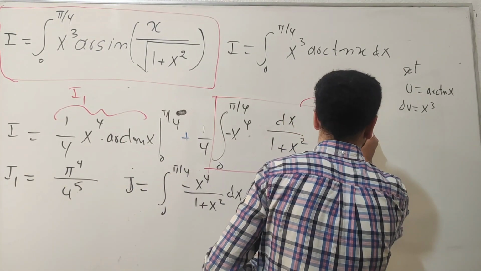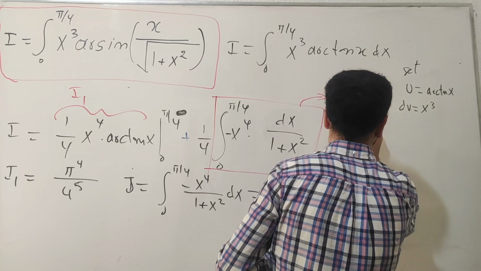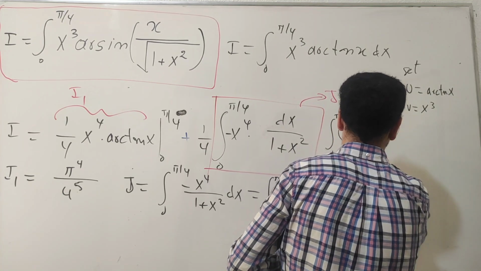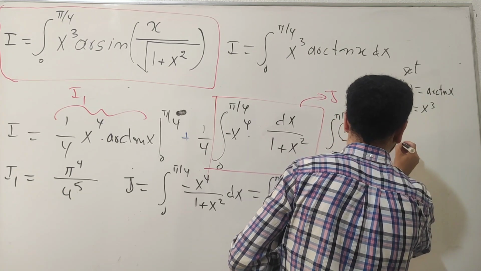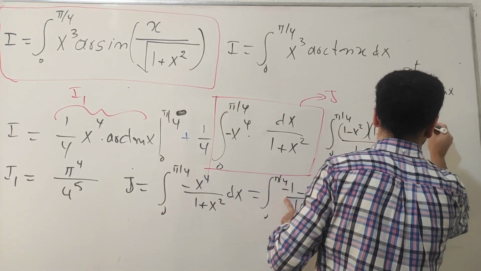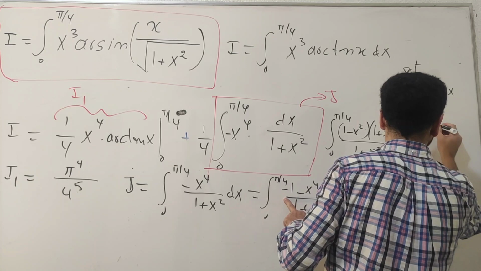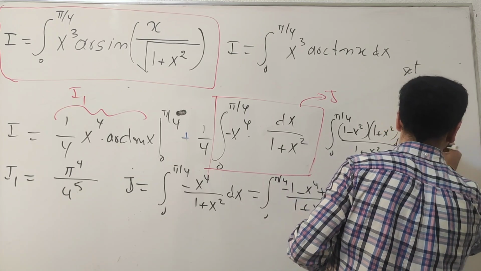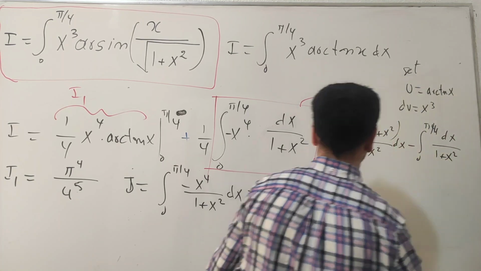So I get 1 minus x squared, times 1 plus x squared, over 1 plus x squared dx, plus another integral which is minus the integral from 0 to pi over 4 of dx over 1 plus x squared.